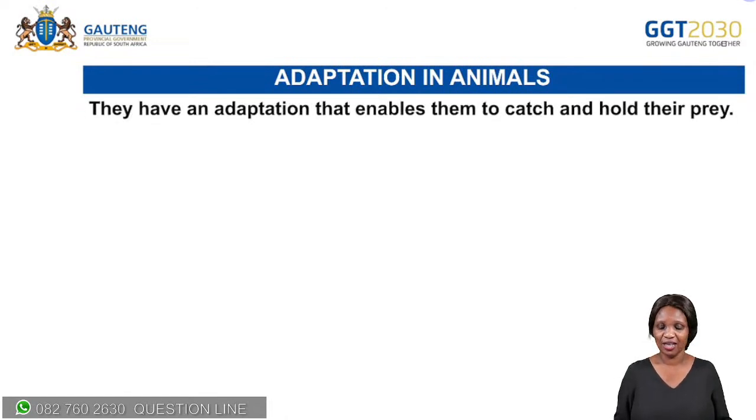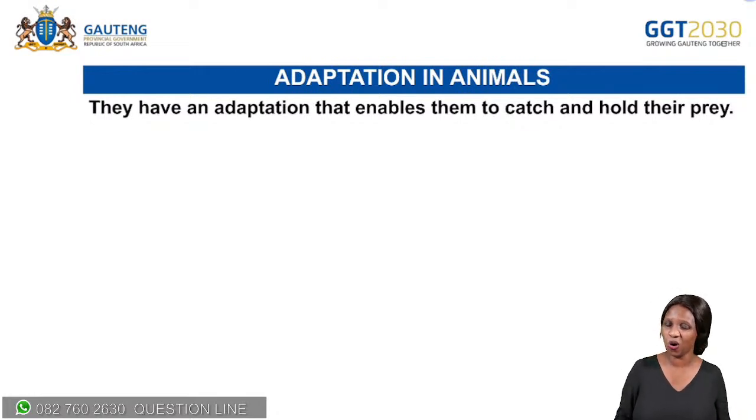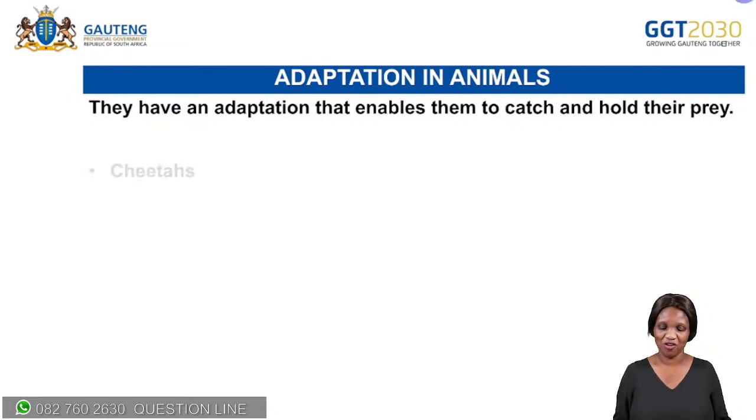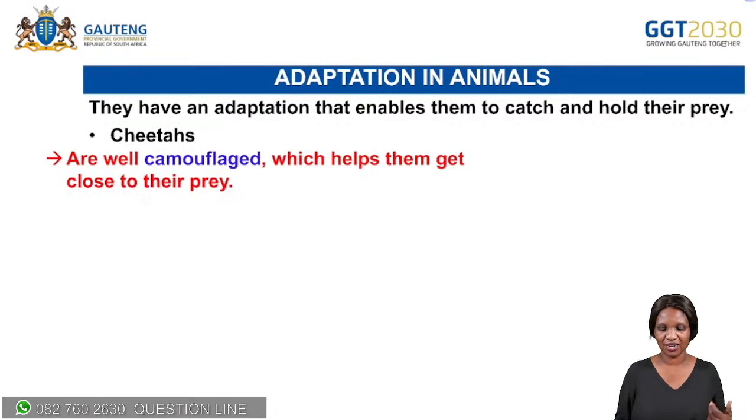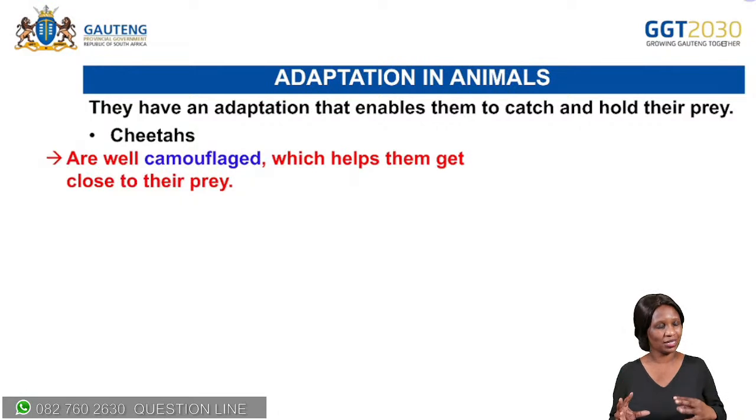And then they have an adaptation that enables them to catch and hold their prey. For example, they are well camouflaged, which helps them to get close to their prey. They are well camouflaged. What does it mean?